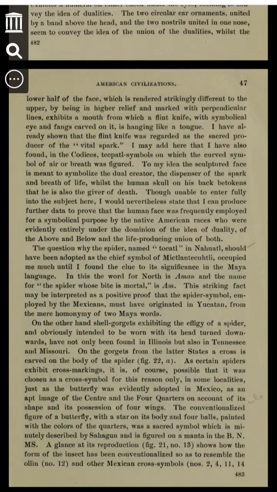So from the mere harmony of the two Maya words, right? So now, what that just told you is the symbolism and all that, right?